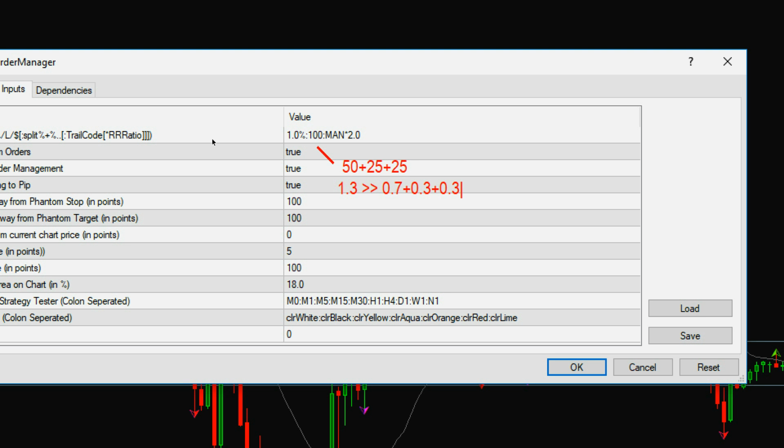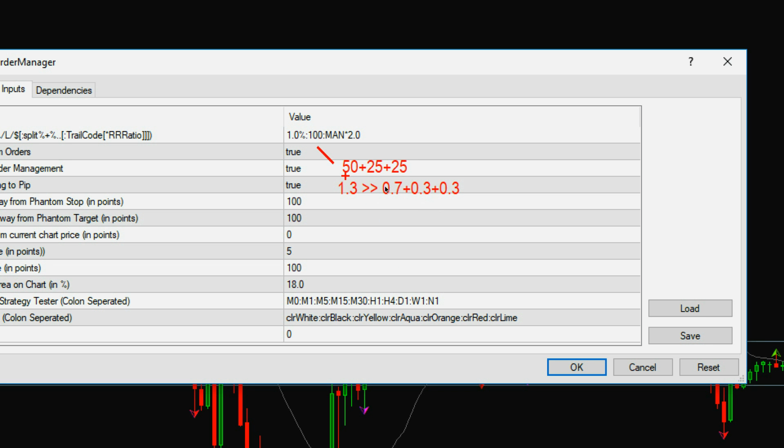So it will create 3 trades with 3 unique ticket numbers. The very first one with 0.7 lot, the second one with 0.3 lots, and the third trade with 0.3 lots again.